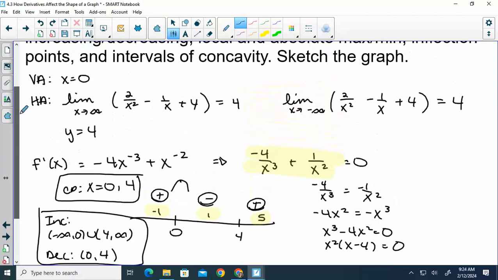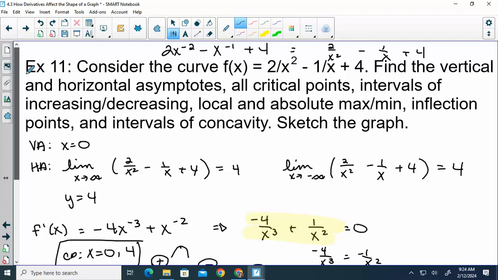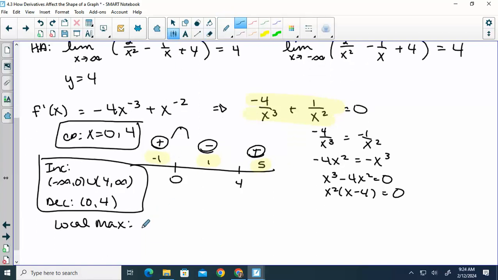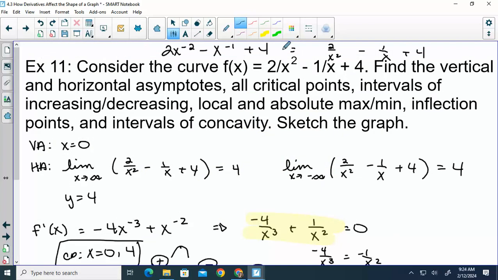To get the y, you put it back in the original, but can you put 0 in the original? No. So that means this is not really a max because we can't have it. It's a vertical asymptote, so there is no max here. Our local min, we put in 4 to the original.